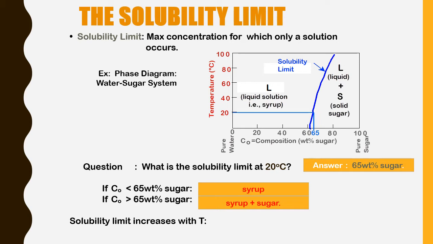Sorry, this one is less than 65. Less than 65 is what can occur is syrup, or liquid solution. And if the composition is more than 65%, what phases can occur is syrup plus sugar or liquid plus solid. And as I've mentioned before, the solubility limit increases with the temperature.